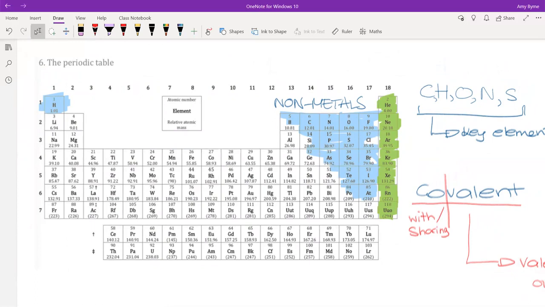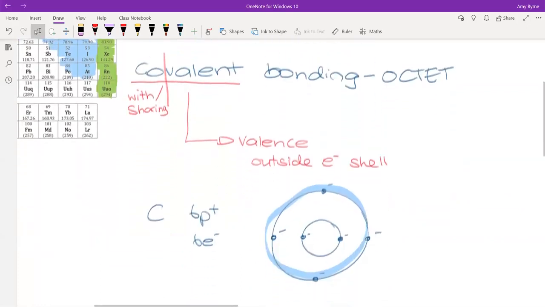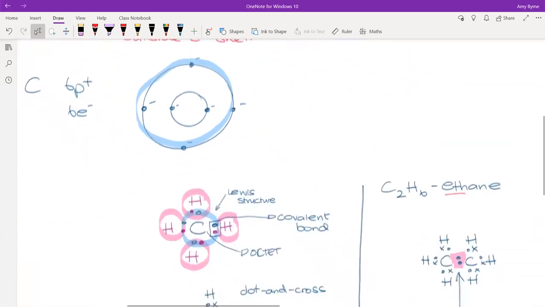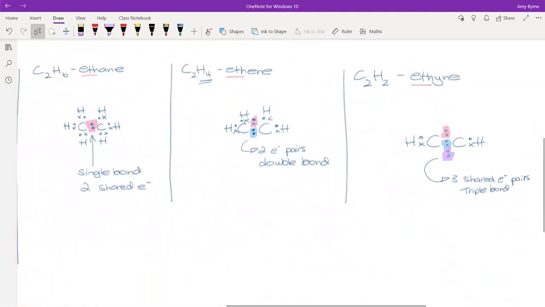The main reason that it's important is because these covalent bonds show up all the time, all over nature. It isn't just ionic bonding that occurs in nature. And with covalent bonding, the aim is still that octet, but we get it by sharing electrons rather than stealing or donating them. And this is how you can draw those.